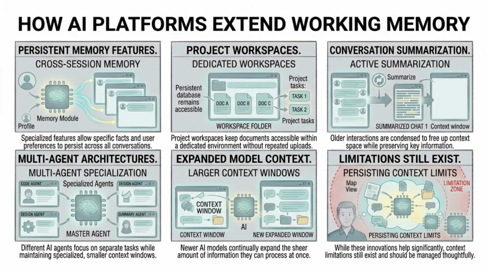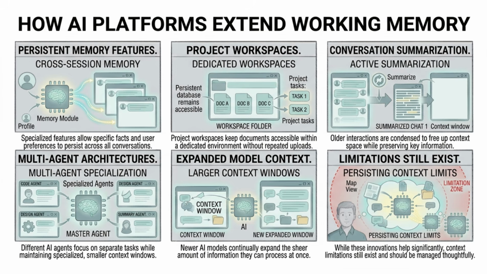To overcome context limitations, modern AI platforms introduce additional capabilities. Memory features. These allow important facts and preferences to be remembered across conversations. Project workspaces. Documents can remain accessible without repeated uploads. Conversation summarization. Older interactions can be condensed into summaries to free up space while preserving key information.